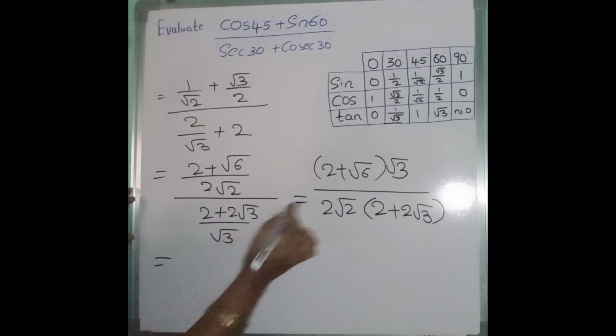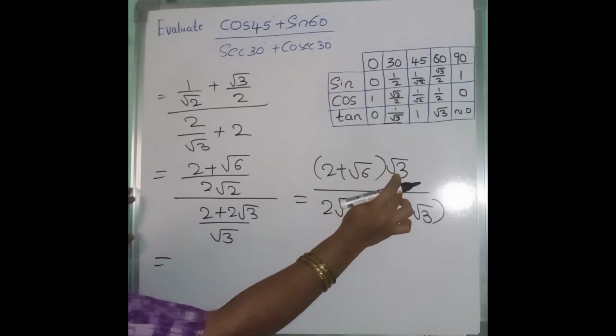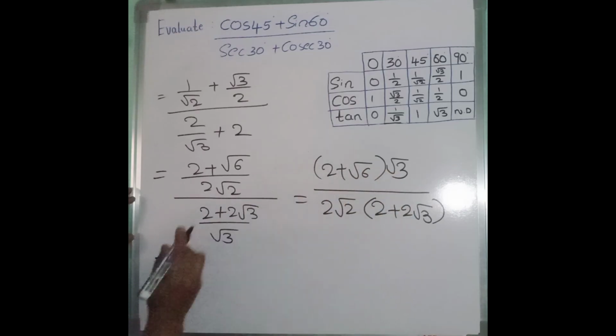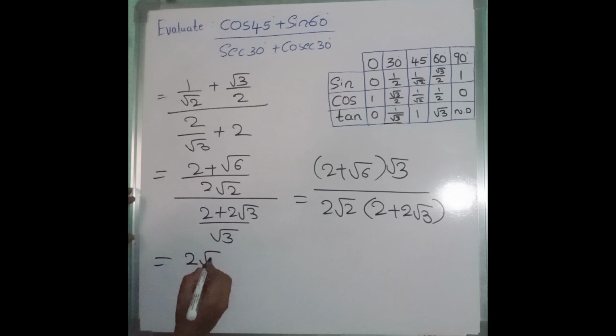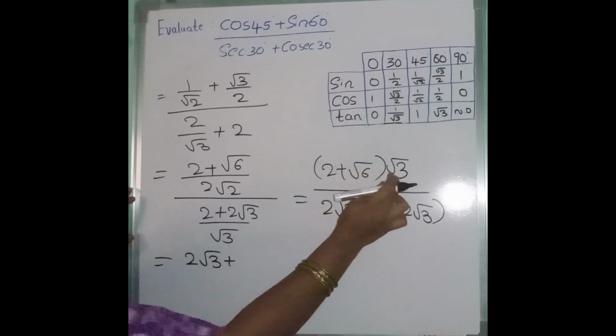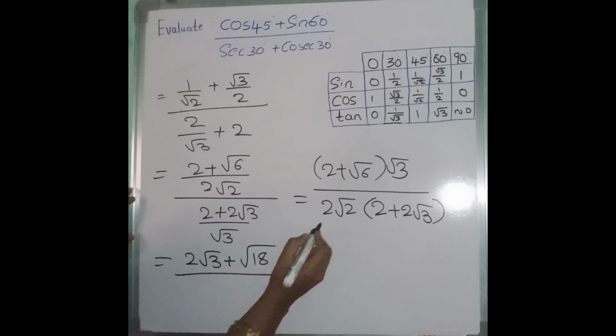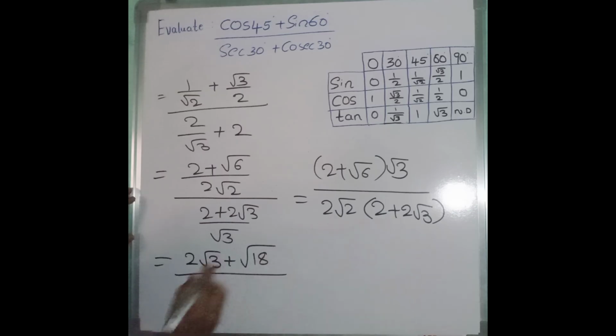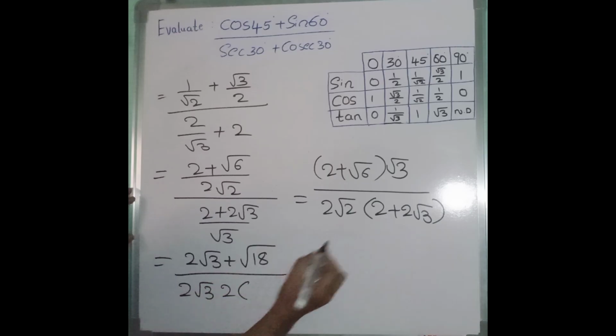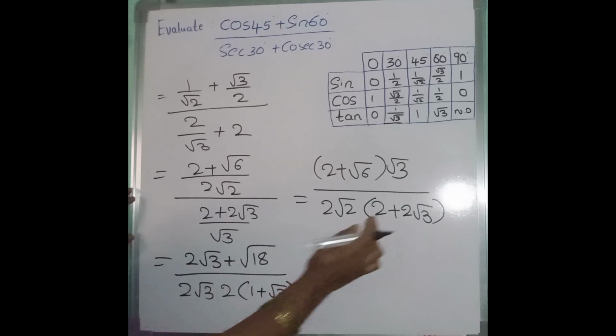In the next step, multiply root 3 with 2 root 3 plus 6, 3 is 18, divided by 2 root 2, write as it is. Take a common 2 here. 2 in the bracket, left here 1 plus root 3, because we take 2 as a common.